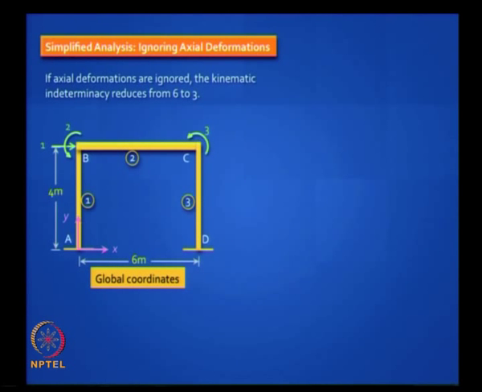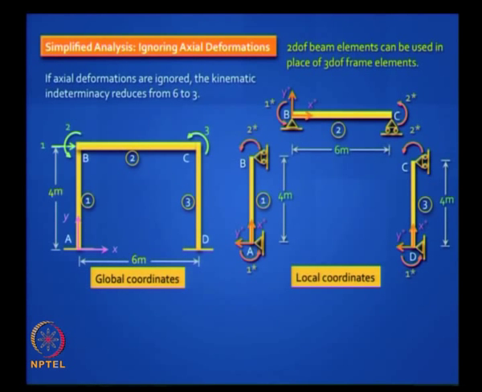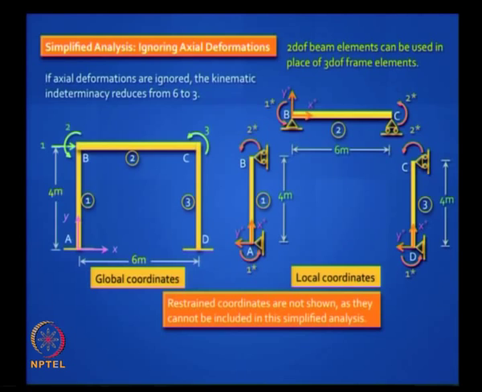So it is a tremendous saving in effort, okay. So the 2 degree of freedom beam elements can be used in place of 3 degree of freedom frame elements. So we throw away the axial degree of freedom, that is it. So you have 1 star, 2 star for each of the 3 elements, and the restraint coordinates are not shown as they cannot be included in the simplified analysis.